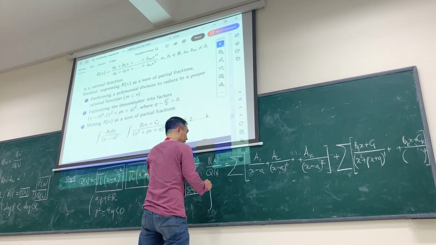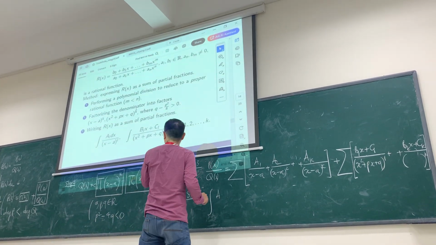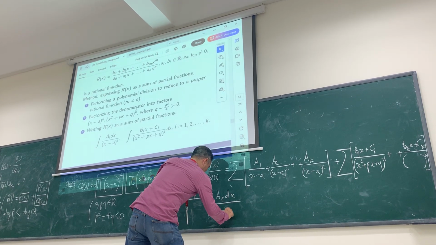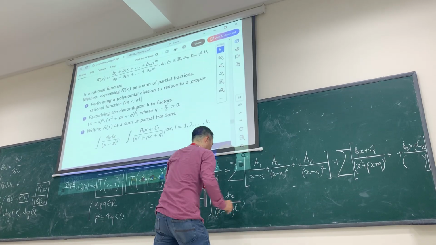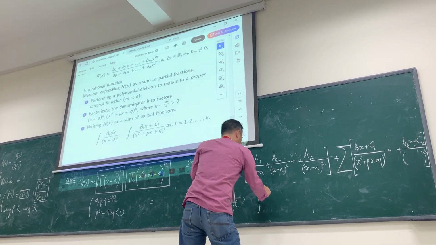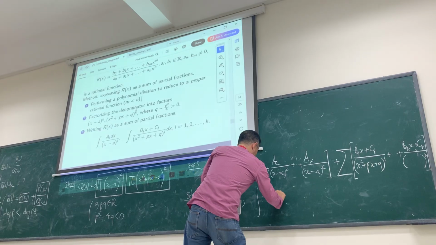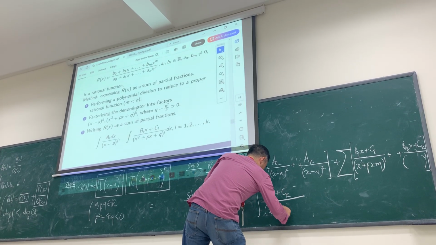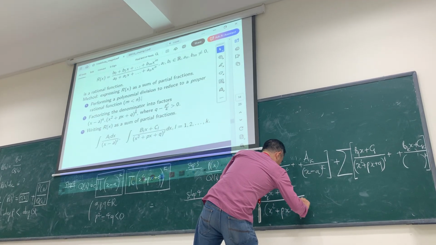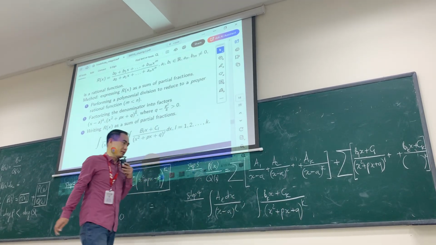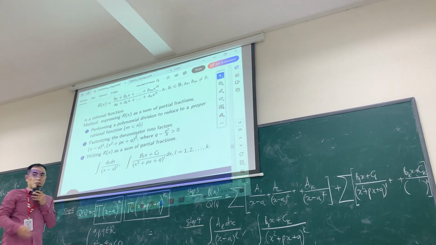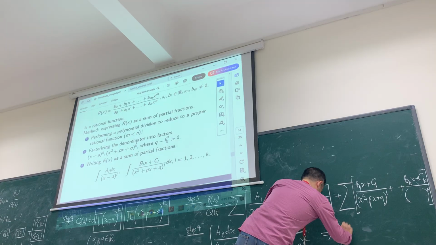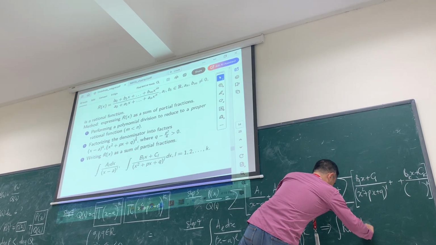We estimate some integral of dx over (x minus a) to the power k, and the integral of (bkx plus ck) over (x squared plus bx plus q) to the power k. I think we estimate the simple integral here. By substitution you can apply the integral of x dx.